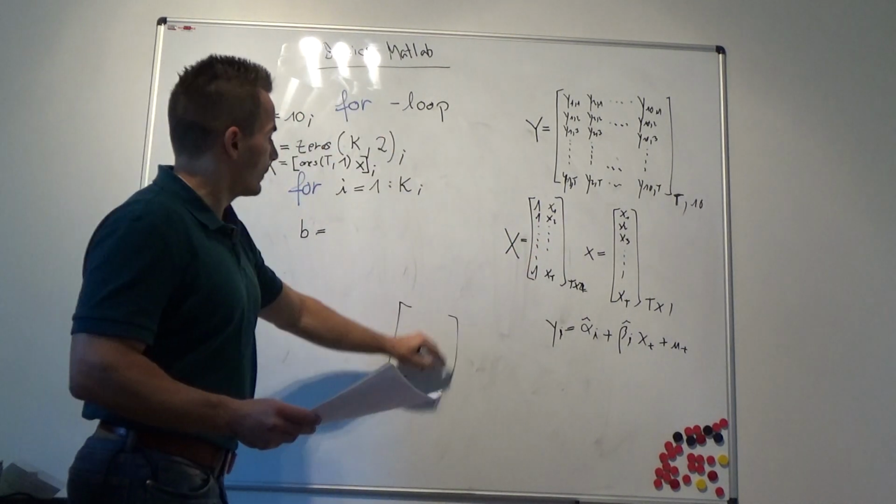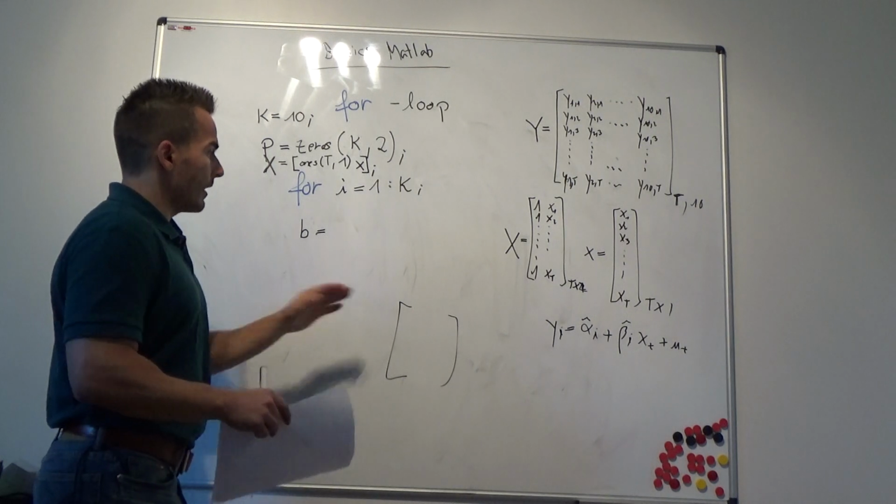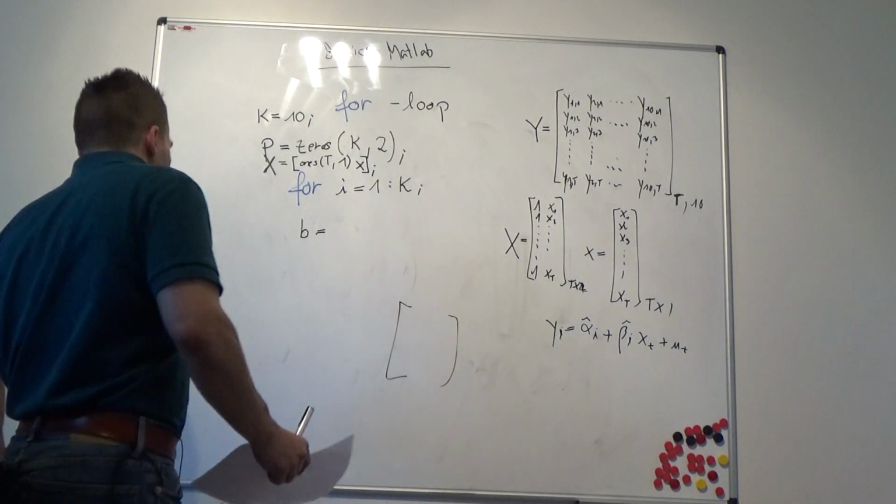Then we close the bracket. That's now defined in our system, so we have defined our X matrix, and we have to do it before.